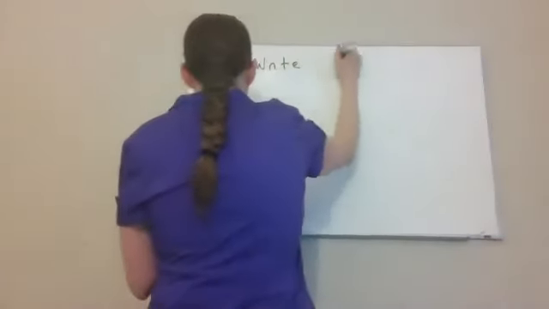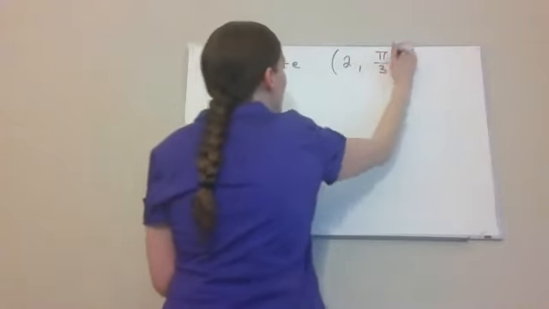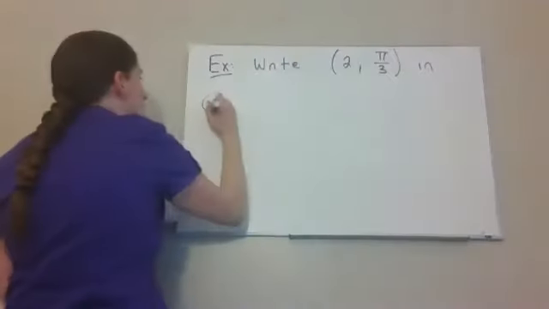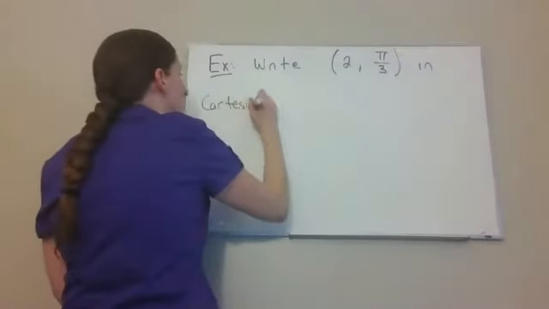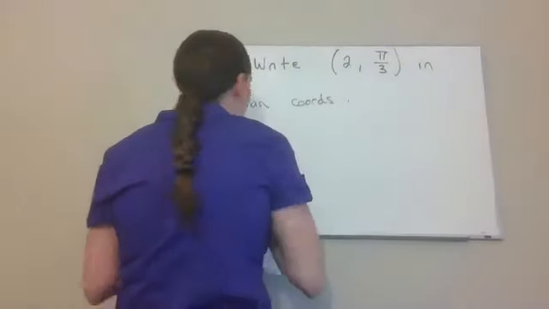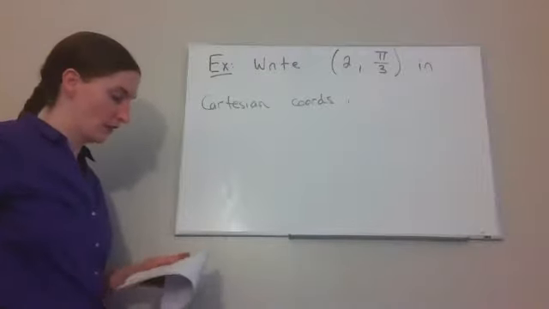So let's write the point 2 and pi over 3 in Cartesian coordinates. Well, I know x is supposed to be equal to r cosine of theta.